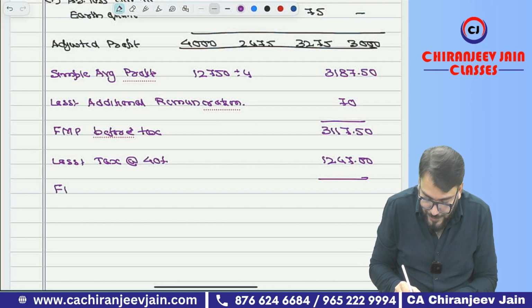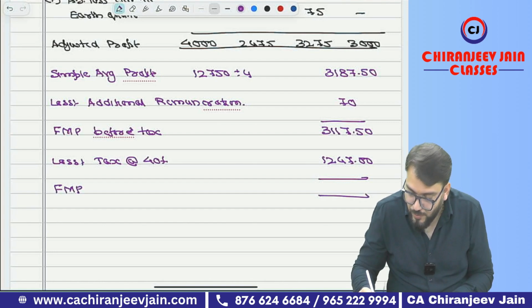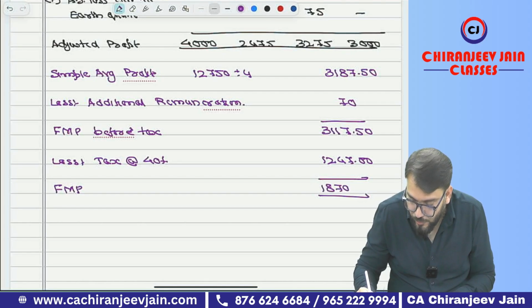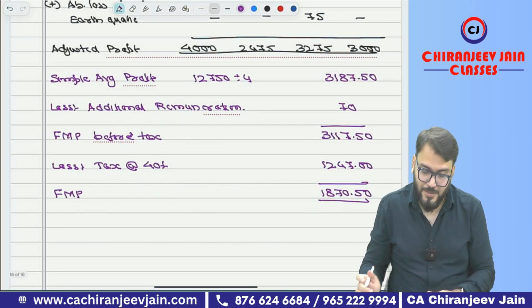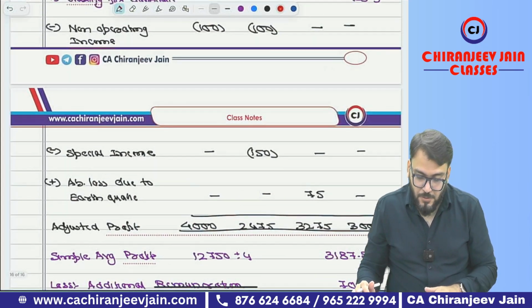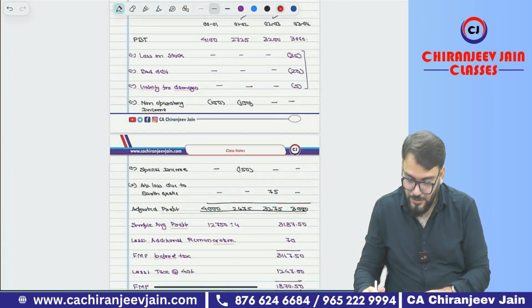What is FMP after tax? That will be equal to 1870.50. Got this point? Simple. Any doubt in this calculation?